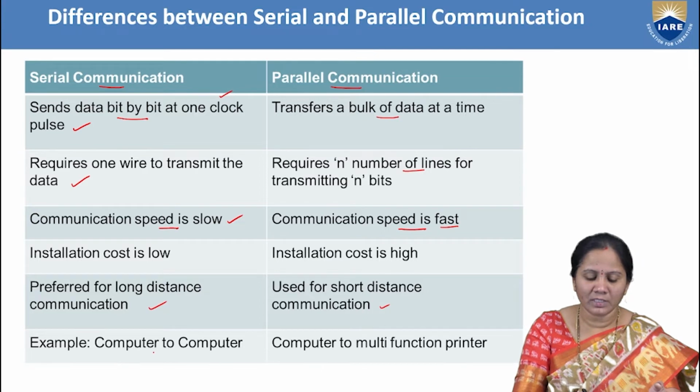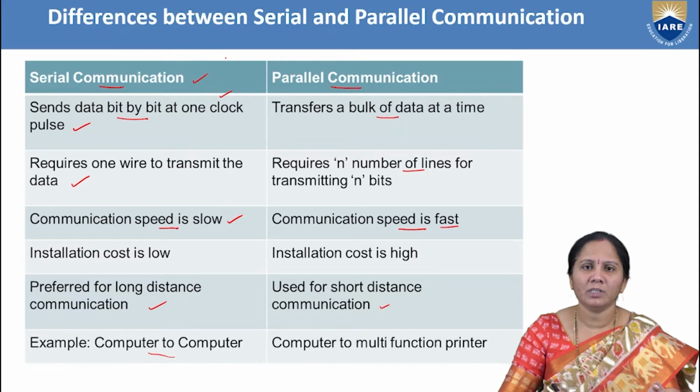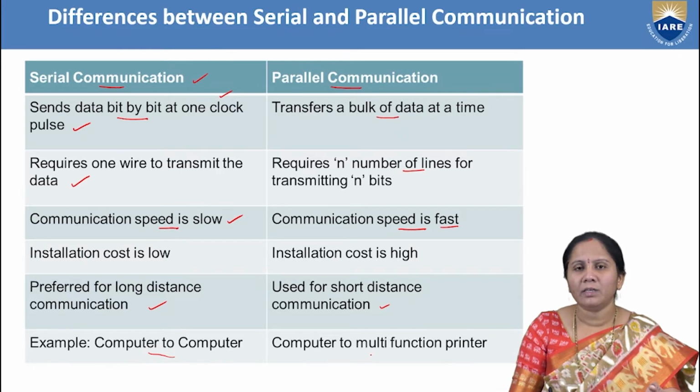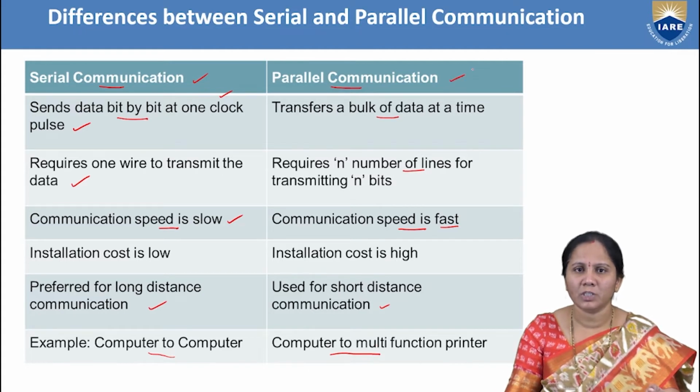Another difference: if you take an example, to have communication between a computer and another computer, we consider serial communication between the two devices. But if the communication is performed between a computer and peripheral devices like IO devices, such as a printer, between these two we have parallel communication.